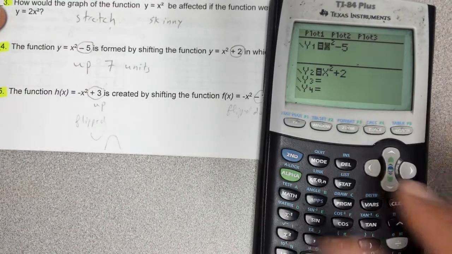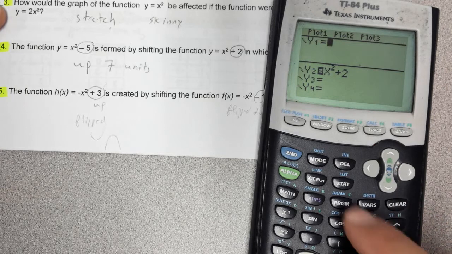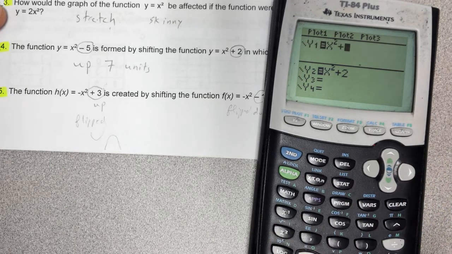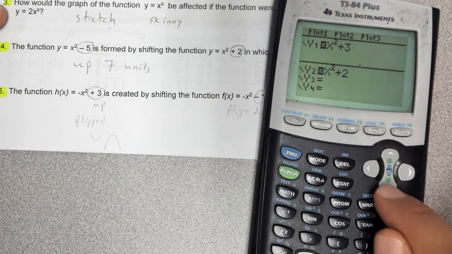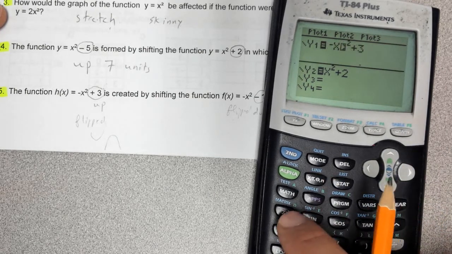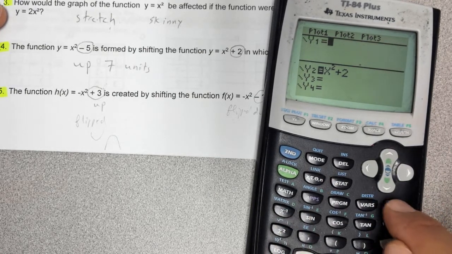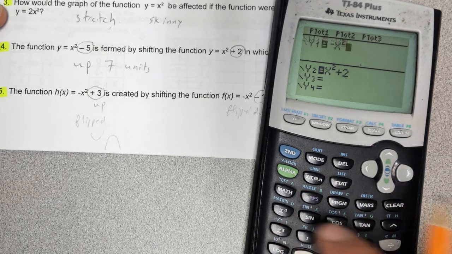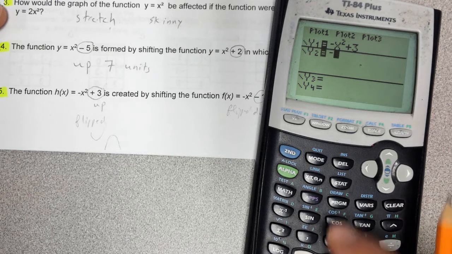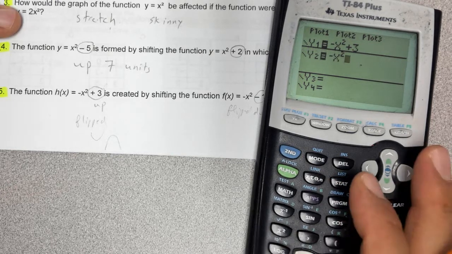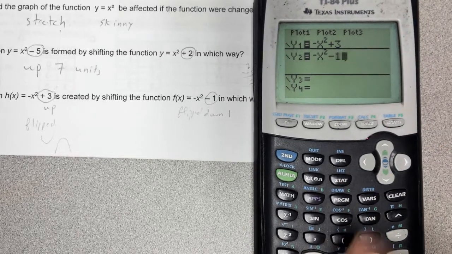Now we can use the calculator. Negative x squared plus 3. And down here we have negative x squared plus 1, minus 1.